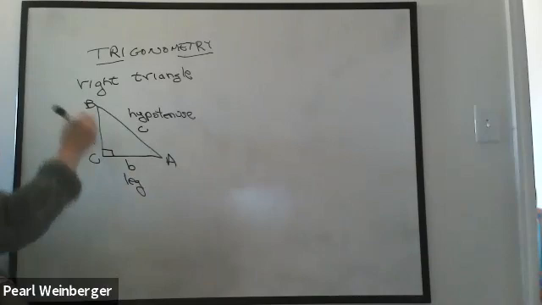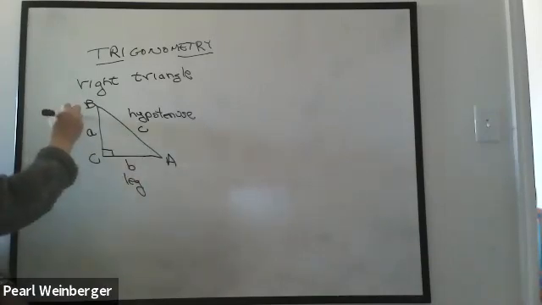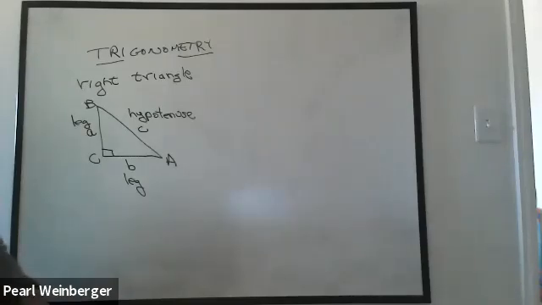So there's this b that's a leg and a that's a leg. There are two legs and one hypotenuse in our right triangle. The word hypotenuse is only used in a right triangle. You can talk about the legs of a triangle even if it's not a right triangle, but hypotenuse must be a right triangle.